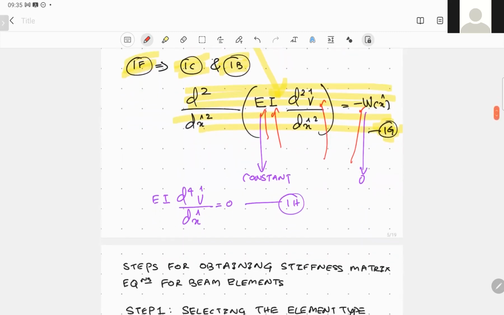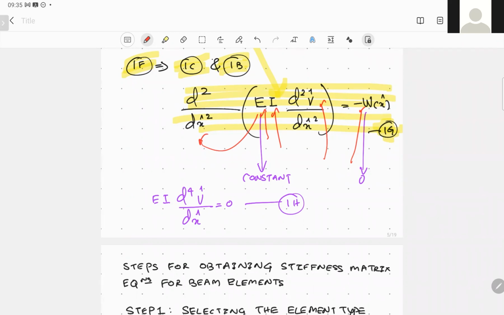Of course, we can consider in this case that the modulus of elasticity and the bending moment of inertia along the centroidal axis in the z direction remain constant, so we can take these two components outside of this equation.